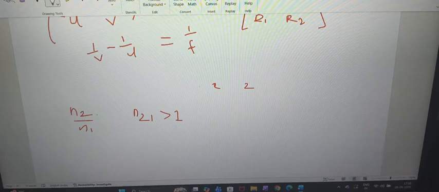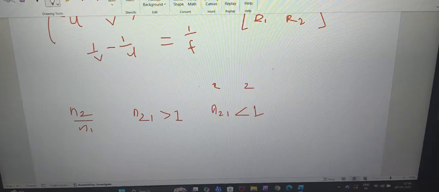If you put 4 here and put a larger number than 4 in the denominator, then 0 point something will come, which will be less than 1. So if you want it to be greater than 1, the numerator should be more. That means the second medium is denser, and it will move towards the normal. Similarly, if n21 is less than 1, the denominator will be greater, the first medium will be denser, so in the second medium it will move away from the normal.